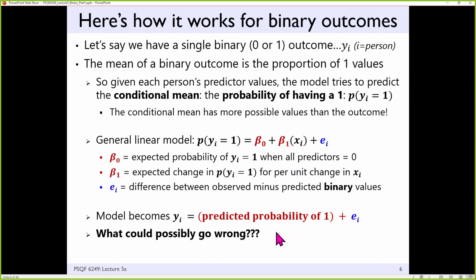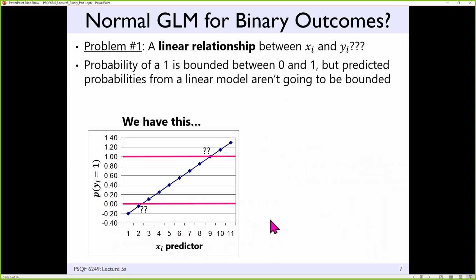So then the question, what could possibly go wrong? With 3 exclamation points, meaning, yeah, there's going to be some stuff that goes wrong. So one problem is this idea that probability is bounded, but the linear predictor doesn't understand that in a standard regression model. So if I have my predictor with a positive slope, the model doesn't do anything to stop the predicted probability from going out of bounds.